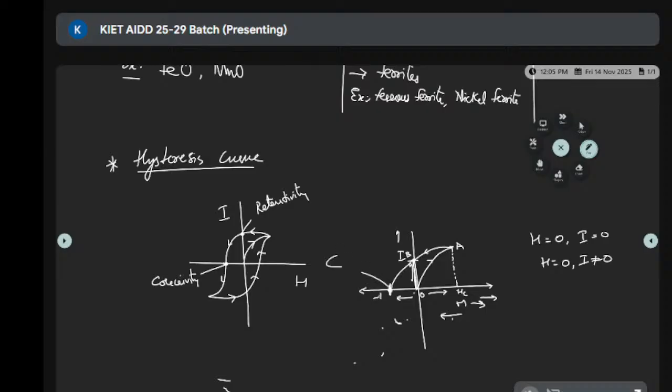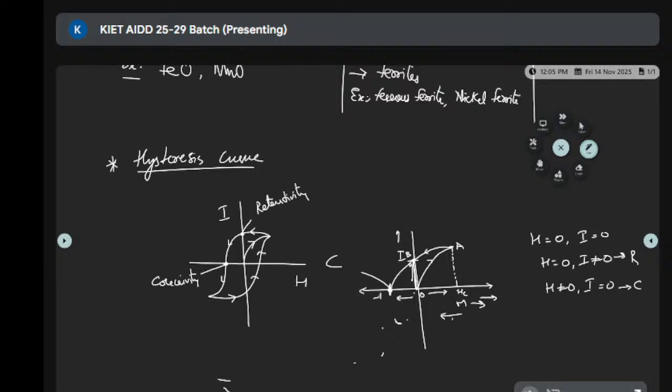This point is called coercivity. The negative H which is applied, I is decreasing and finally becomes 0.